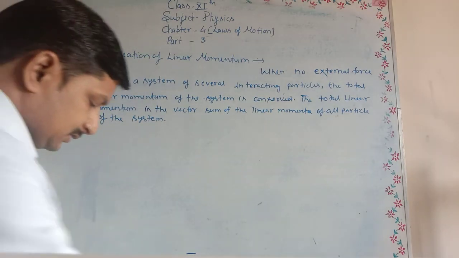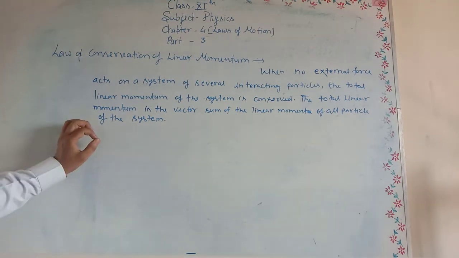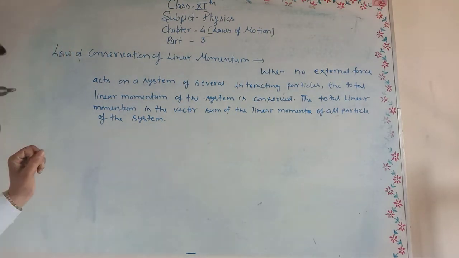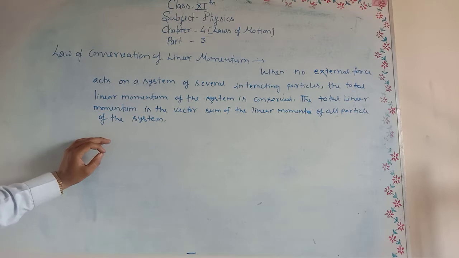Okay students, consider an isolated system of n particles, of masses m1, m2, m3 and so on up to mn, moving with velocities v1, v2, v3 and so on up to vn respectively.